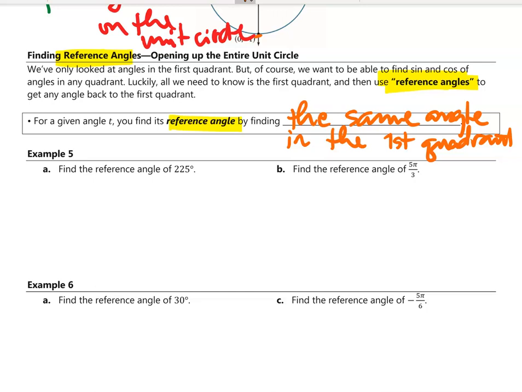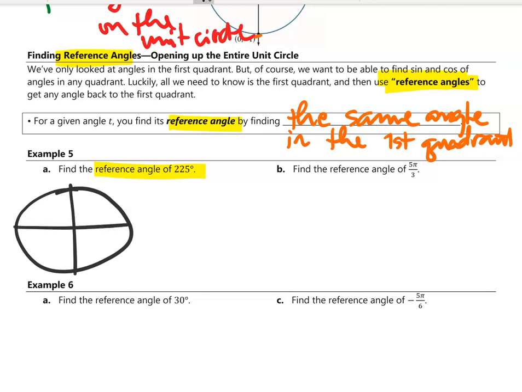So example number 5, find the reference angle of 225. So if we sketch and show where the 225 angle is, this is 225. So from here to here is 225. So what is the reference angle? And the easiest way to do that is finding the fastest way to the x-axis.